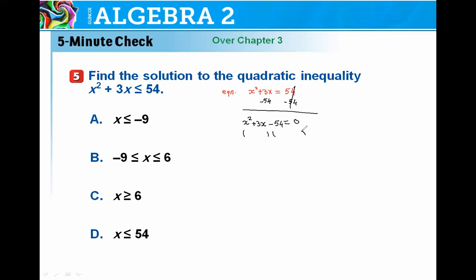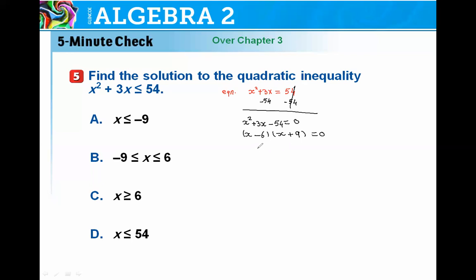So we make two brackets, equal to 0, and this is x, this is x. 54 comes from 9 times 6, so write 9 here and 6 here. The difference between them is 3, and the bigger number must be 9. The smaller number must be negative here.